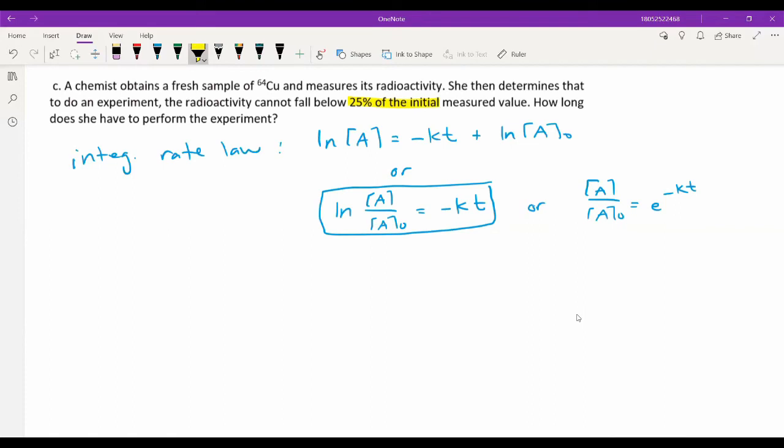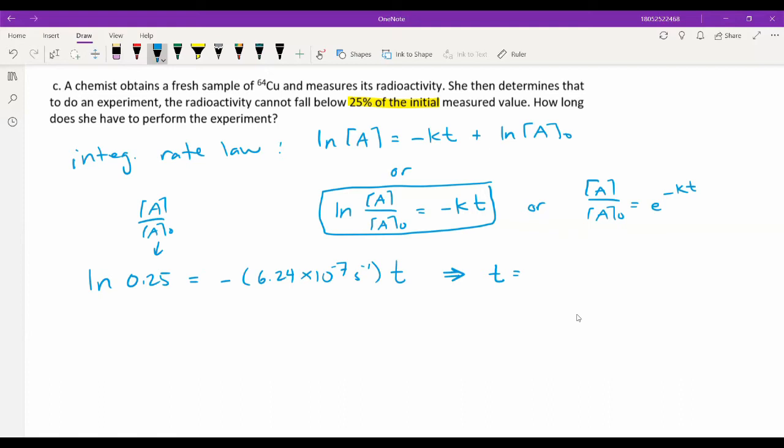So what we can say is that A over A naught is 0.25, 25 over 100. So this is our final over our initial amount. And then we have our k from the beginning, and then our t. So then we just rearrange this for time.